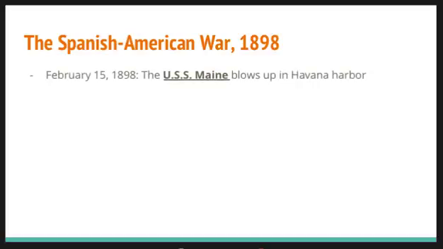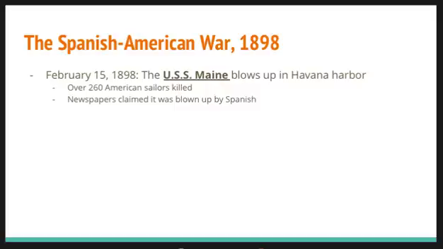So on February 15th in 1898, the USS Maine, which had been sent down to Havana Harbor, actually blew up in the harbor mysteriously. Over 260 American sailors were killed and hundreds more injured. Now the newspapers claimed that it was blown up by the Spanish, that they had used a mine or done some other thing to blow up the ship.